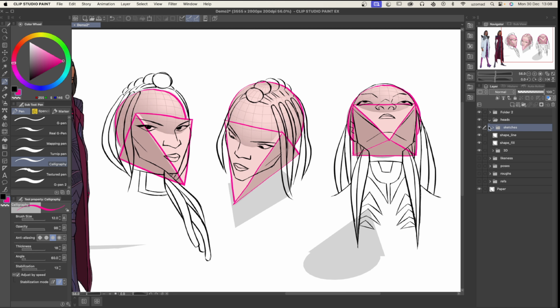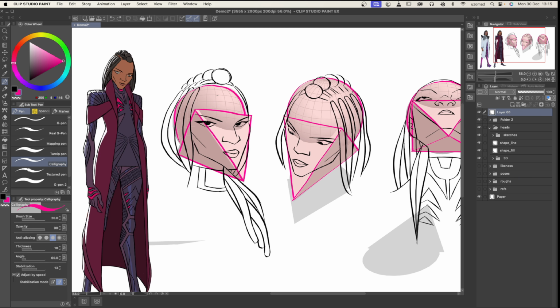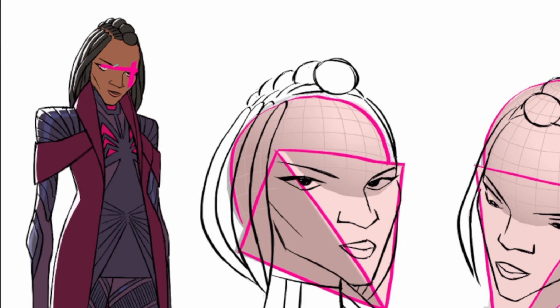I usually do not use this exact method because I have muscle memory where I just dive right in and do the drawings by heart. But to be able to explain these things clearly so that you can understand, this is how I go about it. We have to pay attention to the various components of the face as well, like the eyes. If you look at the subject on the left, we can see that the eyes are somewhat far apart.